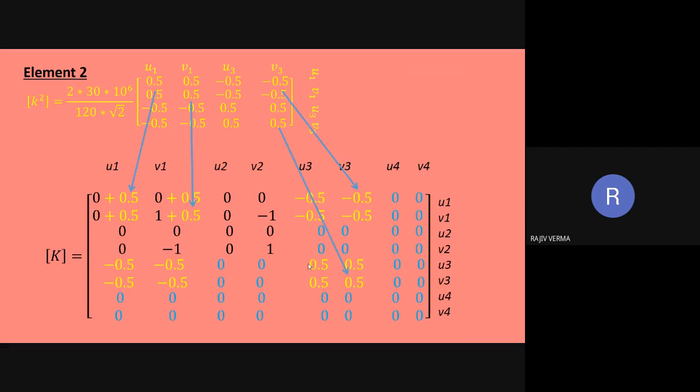In fact, element number 3 also has node number 1, which means that element number 3 is going to contribute at these specific locations also. Element number 3 is also going to contribute some terms at positions which already have contributions from element number 1 and element number 2.